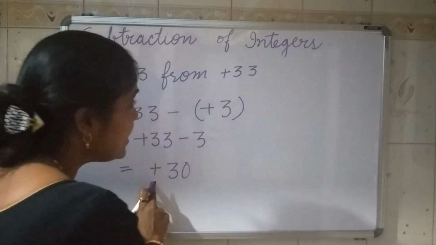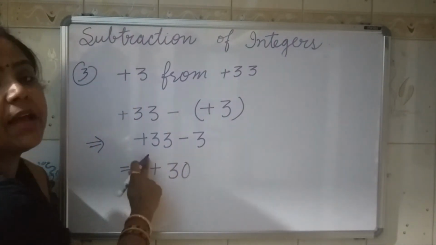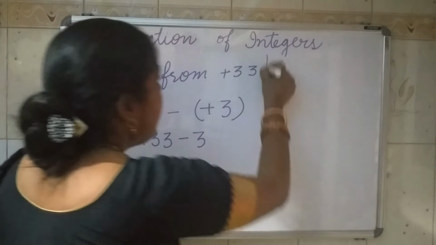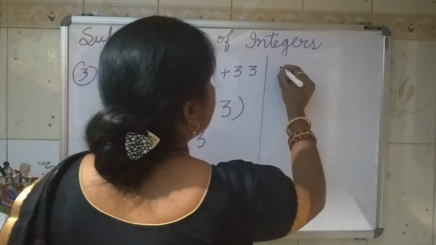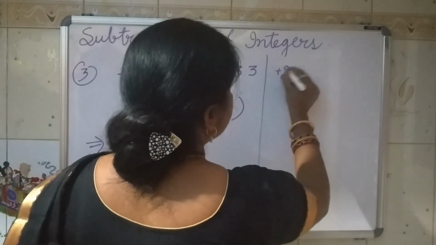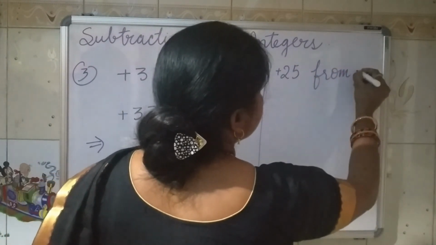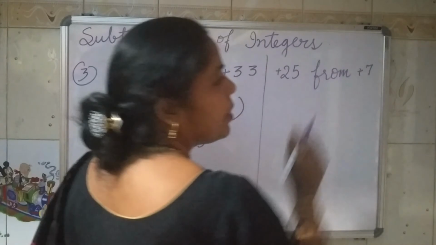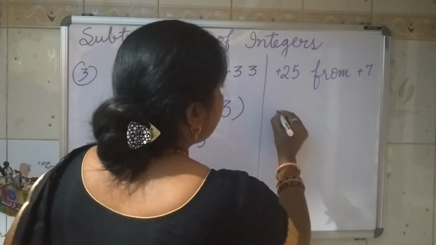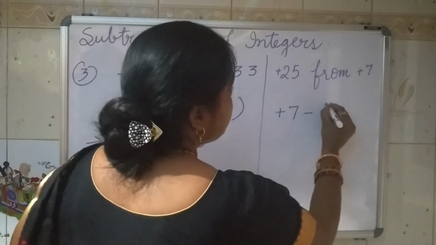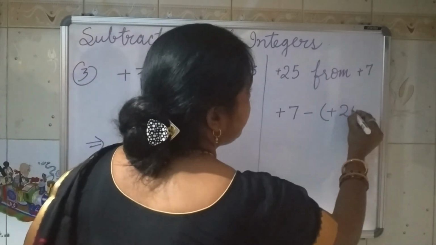Why is this plus 30? Because the bigger number is having the plus sign. Okay. If I am taking another example, 25 from plus 7. Okay. So I am taking plus 7 minus plus 25. Okay.